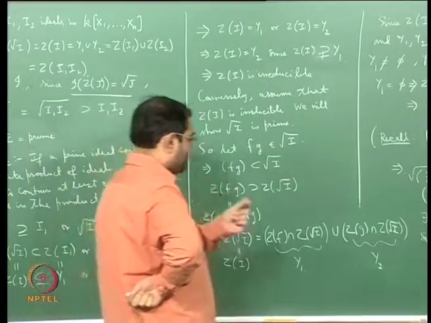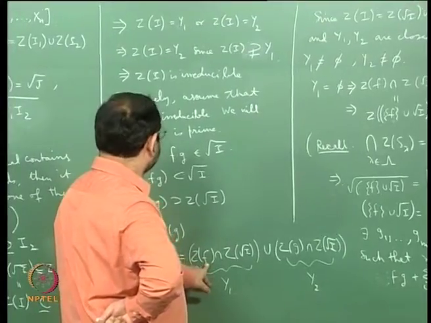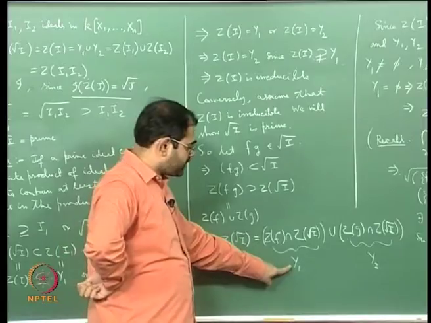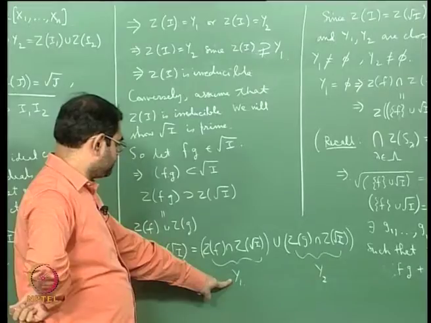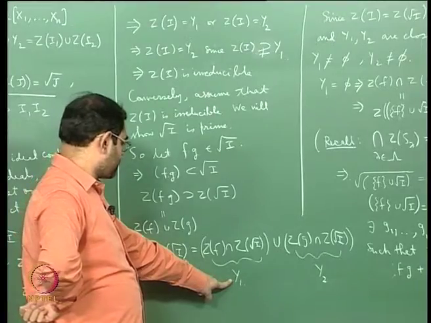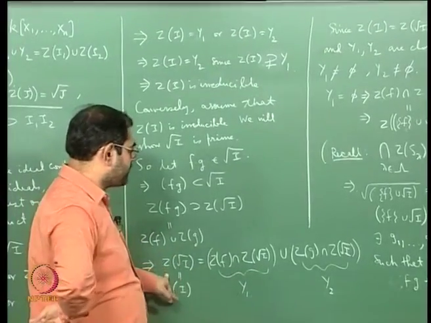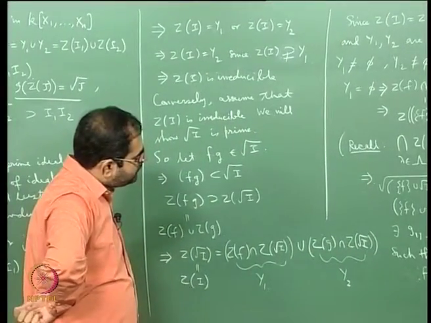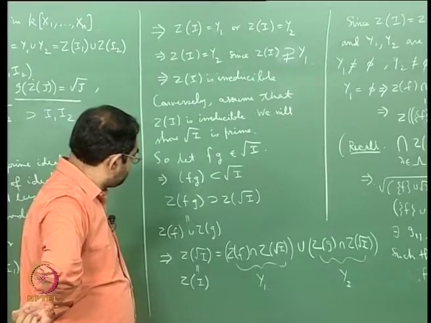If this happens, that is if Y1 is empty, it should more or less follow that Z of the radical is equal to Z of g intersection Z of the radical. Therefore you get Z of the radical contained in Z of g.